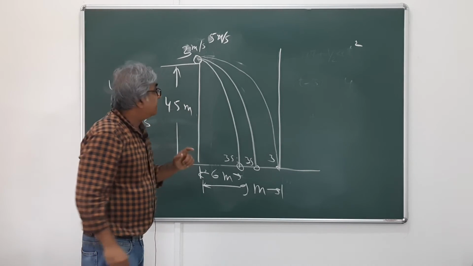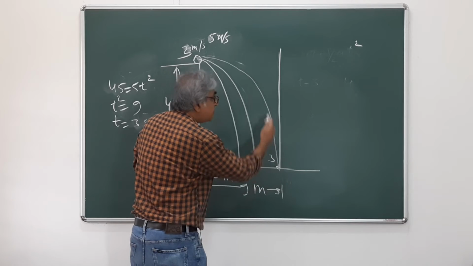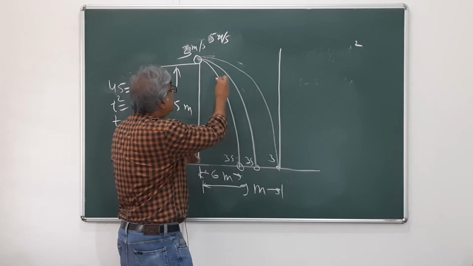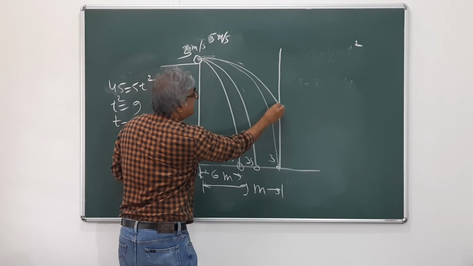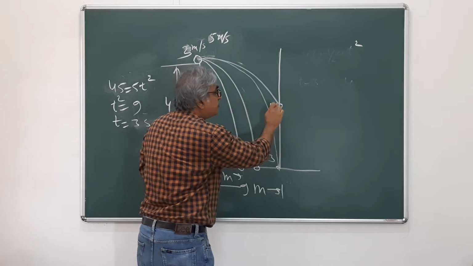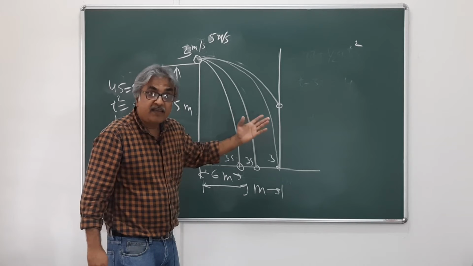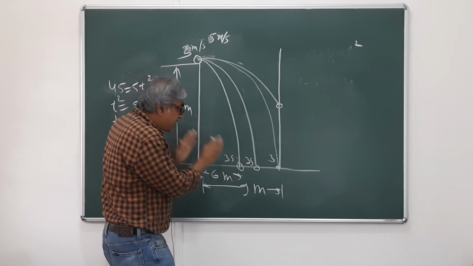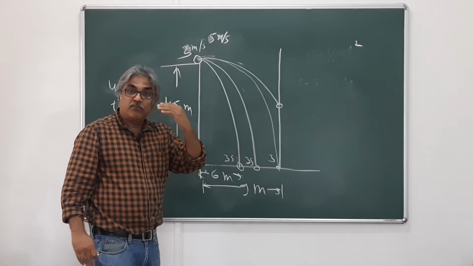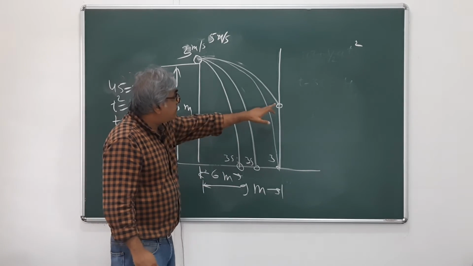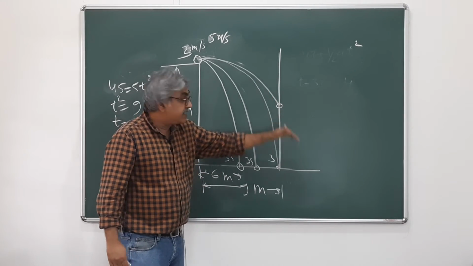So what will happen? Now the ball will hit the wall, somewhere here, and it is going to hit the wall not in 3 seconds but in less than 3 seconds. Why? Because 3 seconds is required for the ball to reach the ground, but this ball is stopped before it reaches the ground.